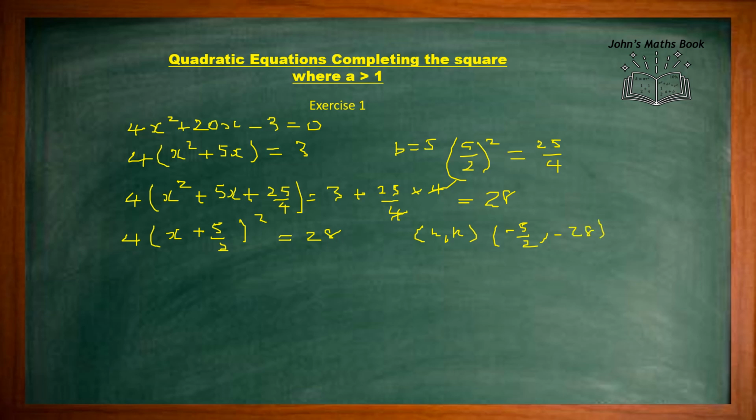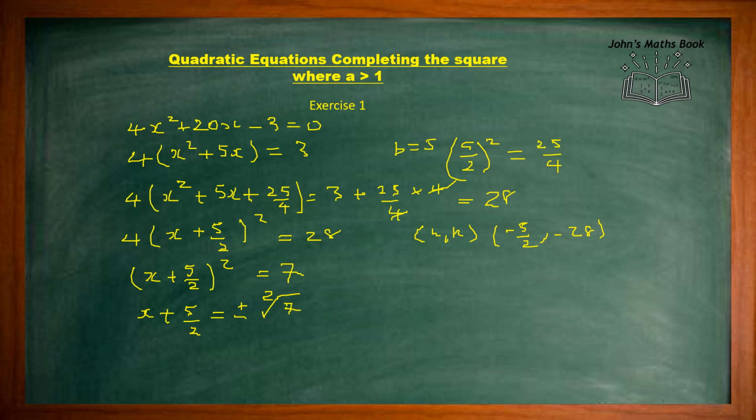So let's solve this now to find the roots of the equation. So dividing both sides by 4, we get x plus 5 divided by 2 all squared is equal to 28 divided by 4, which is 7. So square root both sides, x plus 5 divided by 2 is equal to plus or minus square root of 7.